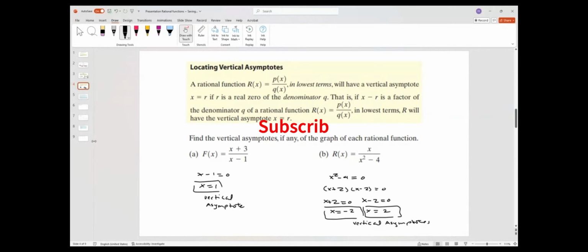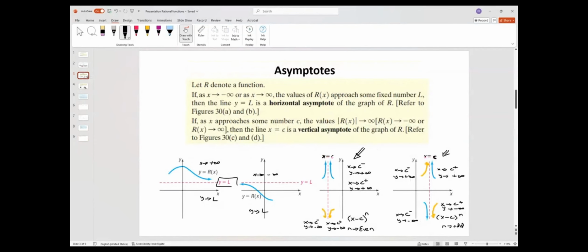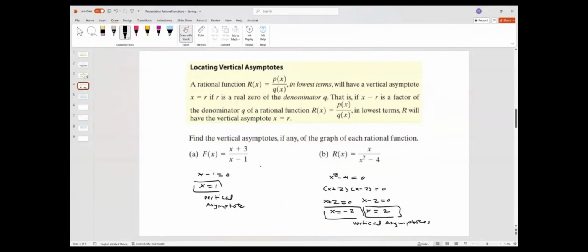And the behavior that you will have near these vertical asymptotes will be similar to the behavior of this case. Why? Because these vertical asymptotes are coming from factors that have multiplicity 1.